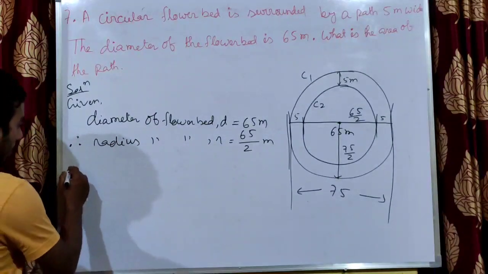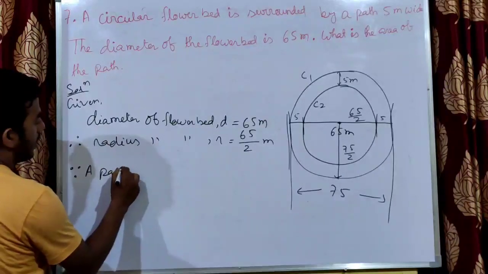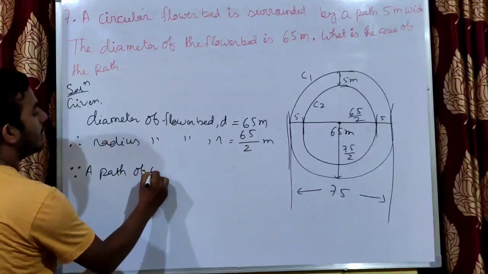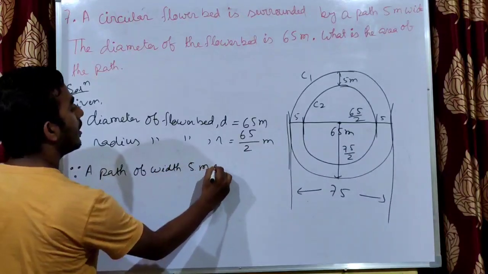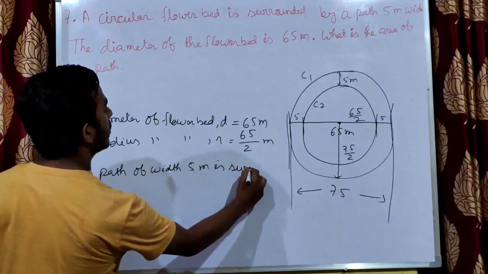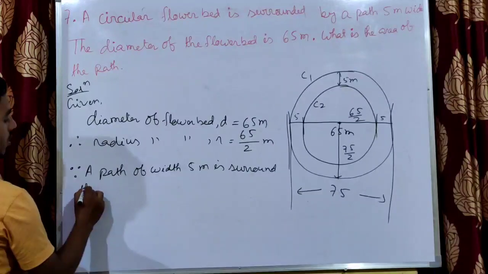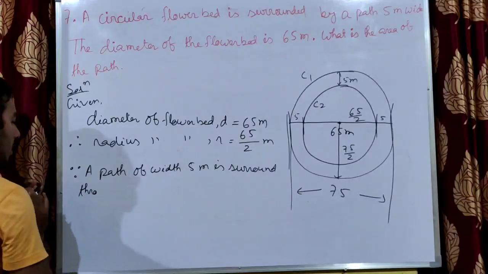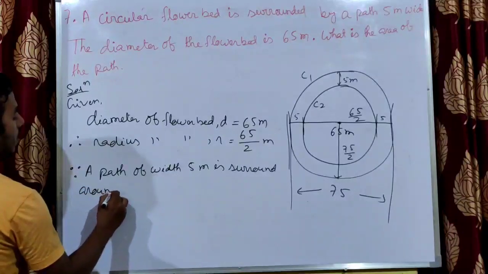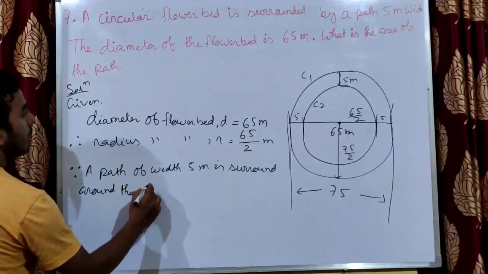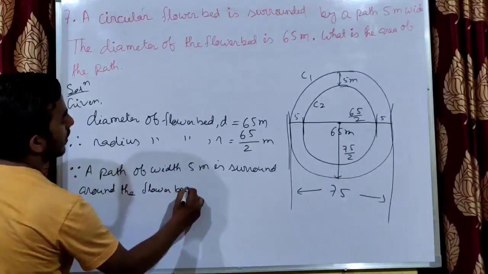So now we will write since a path of width 5 meter is surrounded around the bed, that is flower bed.